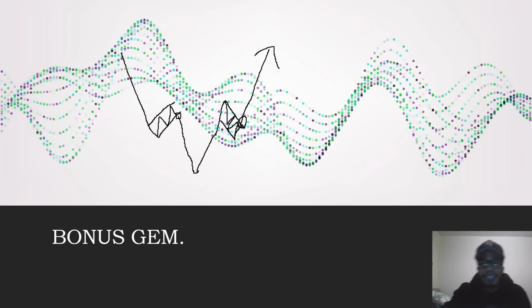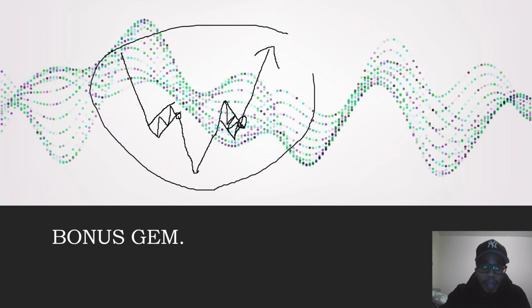And if you guys can see, when these things are combined, when these patterns work in harmony, they can actually form bigger patterns. Because here we have the left shoulder, the head, the right shoulder, then the continuation, the neckline.